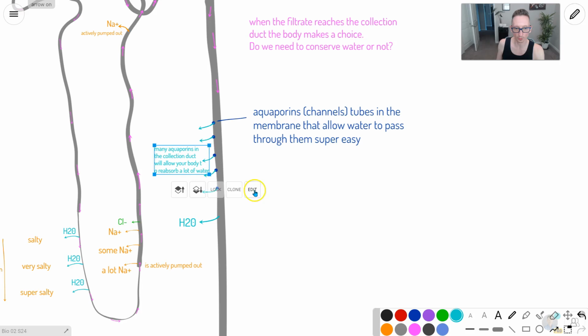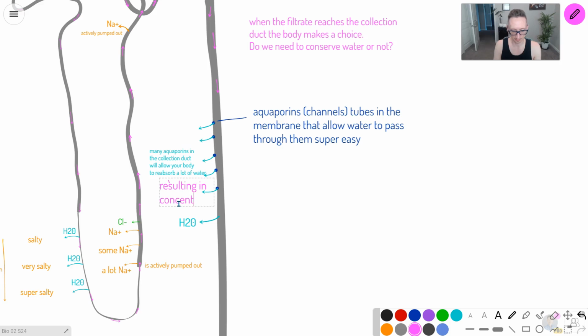Because this will be reabsorbed by your capillaries, by your cardiovascular system, right? So you'll have extremely concentrated urine. I'll put it down here, resulting in concentrated urine.